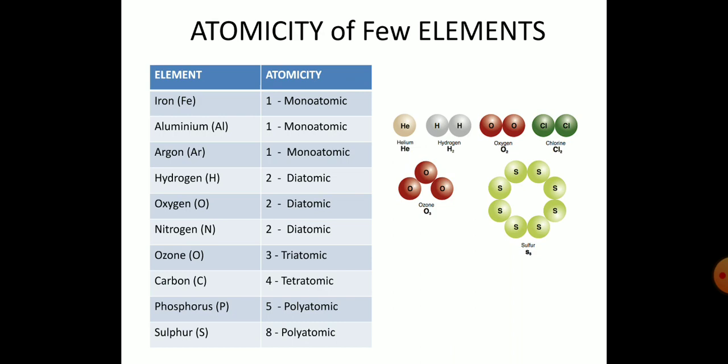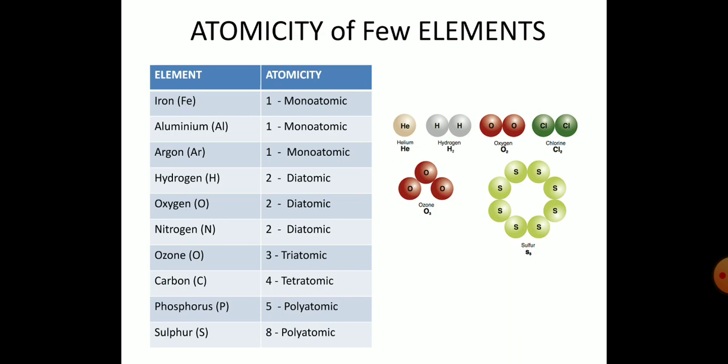Phosphorus is polyatomic or pentaatomic. Sulfur is polyatomic because 8 atoms of sulfur combine in a ring, like a bracelet or a rubber band, and that becomes the sulfur molecule.